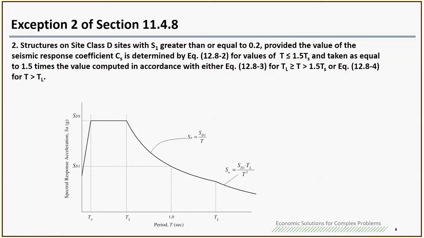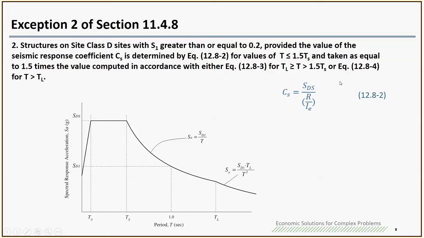So then you talk about when your structure period is less than or equal to 1.5 TS. So TS here is equal to SD1 divided by SDS. So this is the equation 12.8-2.